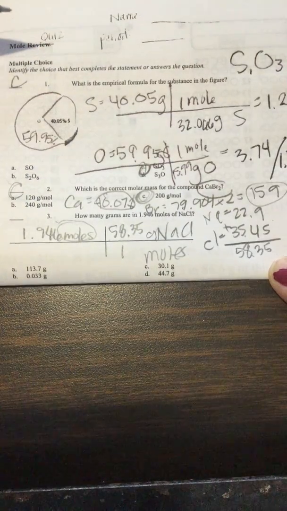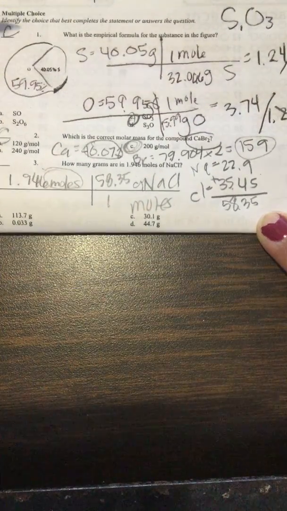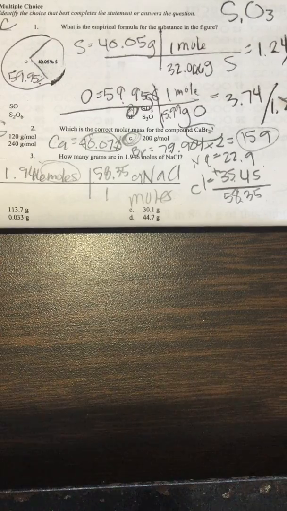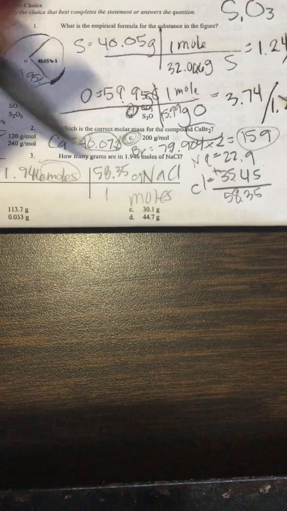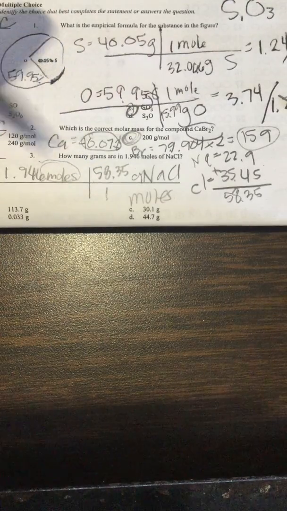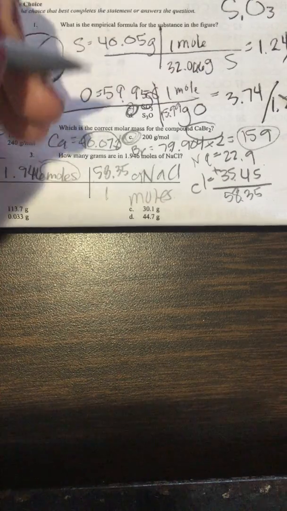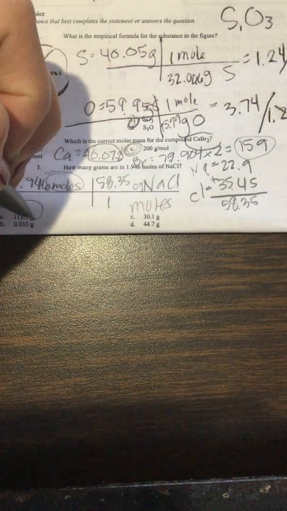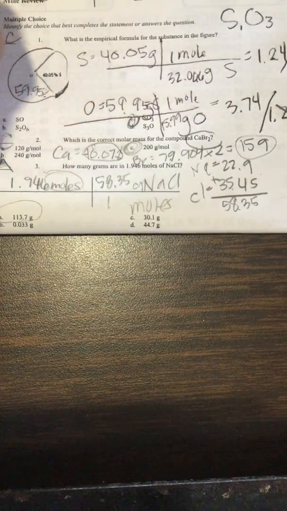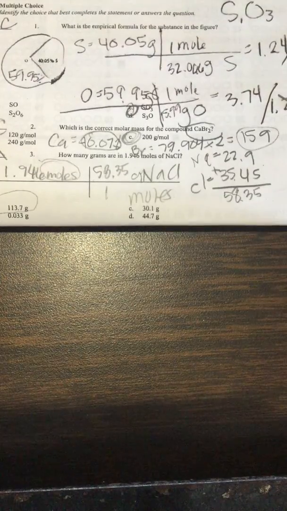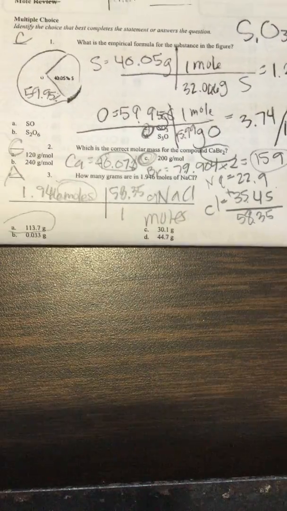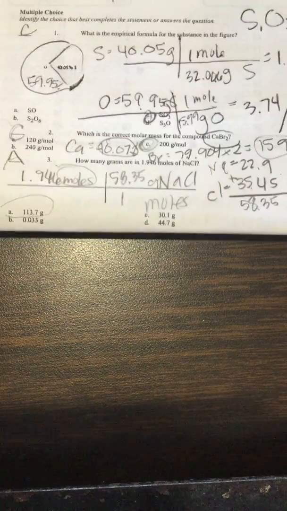Okay, so I have my chart set up. Am I multiplying or dividing? These two numbers are side by side, so I'm going to multiply them. When I multiply those two numbers, I get 113.199. So it looks like this is the best answer, A. Okay. Any questions on that one?